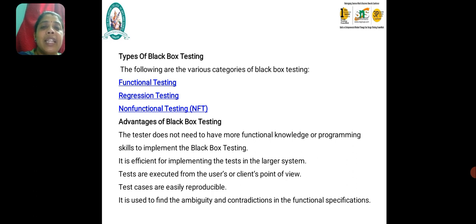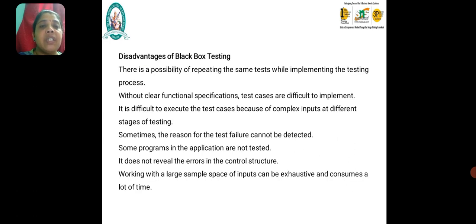If there is any ambiguity, it gives functional specifications. The disadvantages of black box testing are repeating the same test till the project is complete. It is difficult to implement if there is any error in the functional specification. It executes test cases with complex input at the different stages of testing.